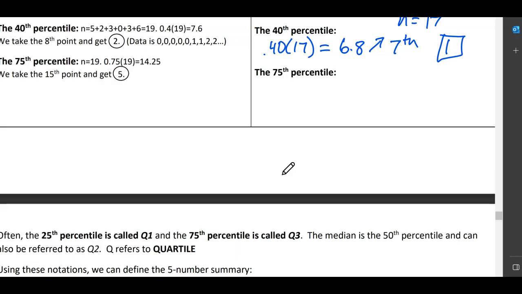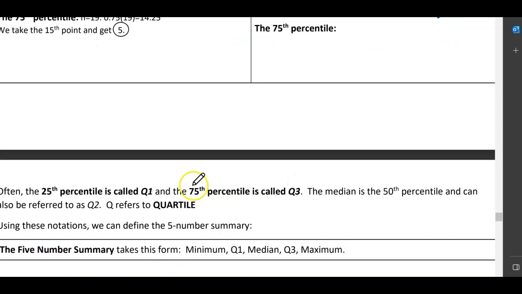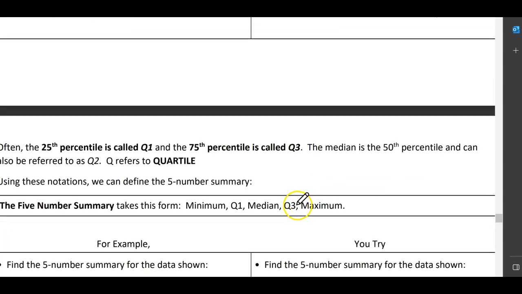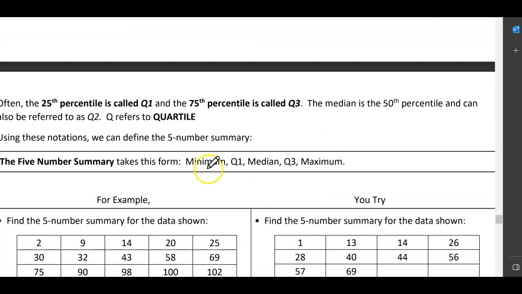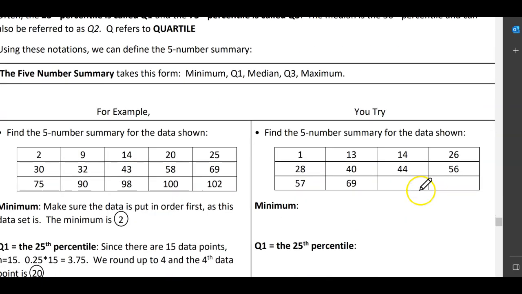The percentiles, the Q1, the 25th percentile, is the first quartile. The 75th percentile is the third quartile, and the 50th percentile is actually the second quartile, but most people just call it the median. The 5-number summary is the minimum, first quartile, second quartile or median, third quartile, and maximum.